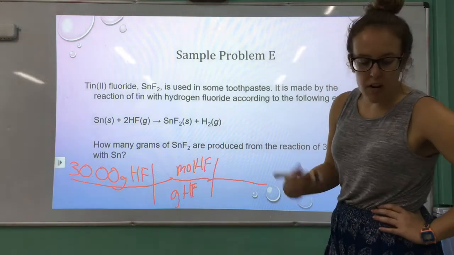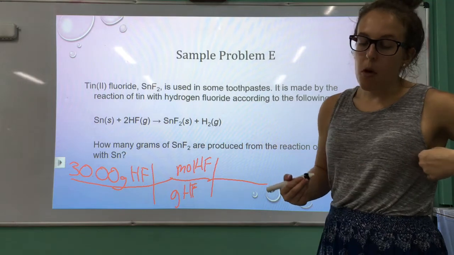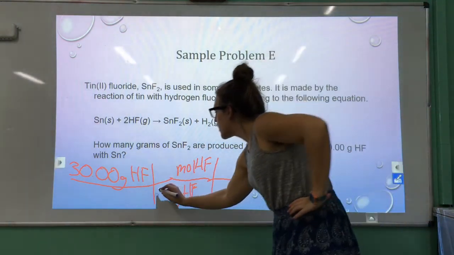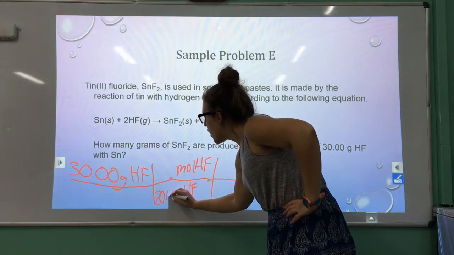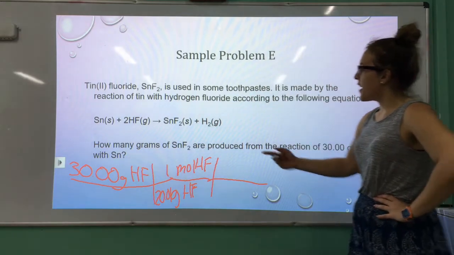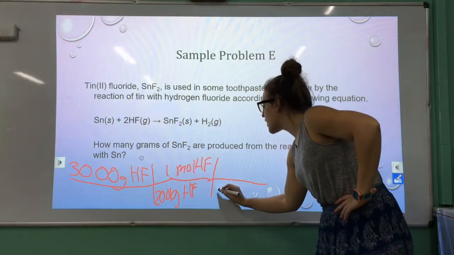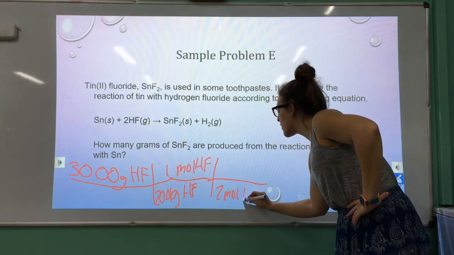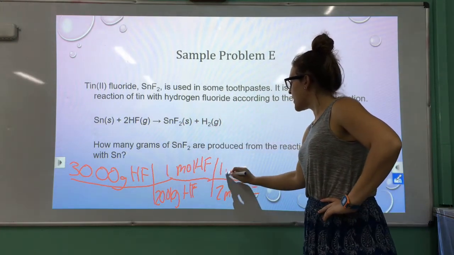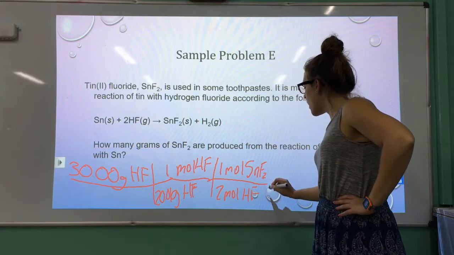Using the periodic table once again, we can figure out that the molar mass of hydrogen fluoride is 20.01 grams per 1 mole. And then we look at the equation. We see that for every 2 moles of hydrogen fluoride, there is 1 mole of tin(II) fluoride.